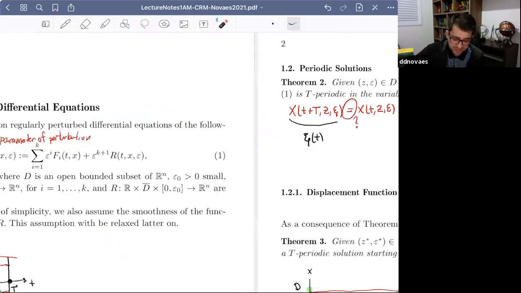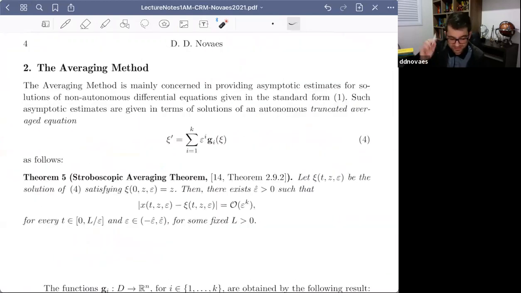The idea of the averaging method is to approximate the solutions of a non-autonomous difference equation by solutions of an autonomous difference equation. So it's clear why the standard form is non-autonomous, because if it's autonomous, there's nothing to do.